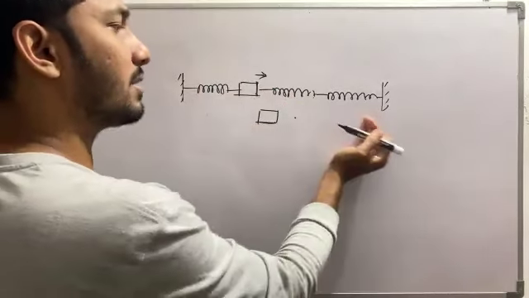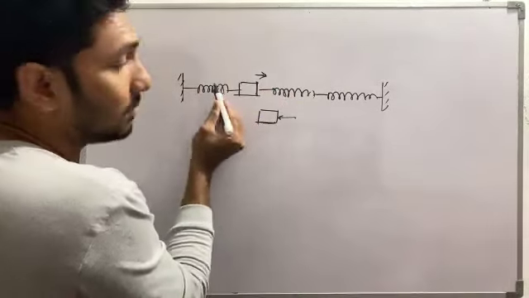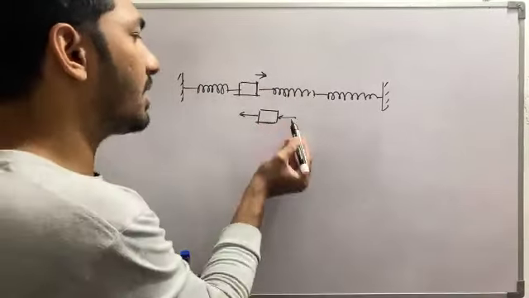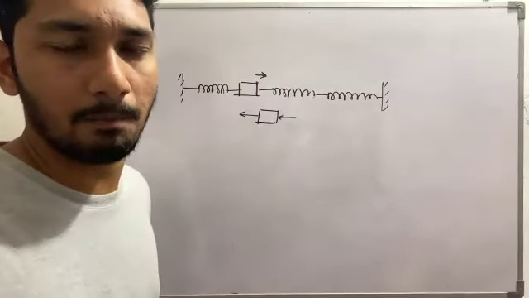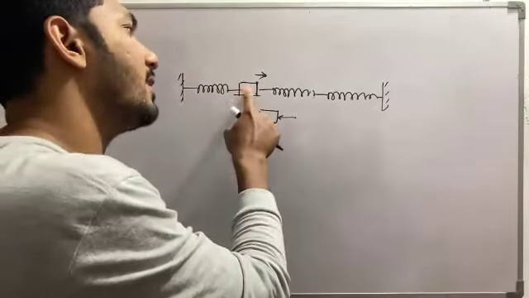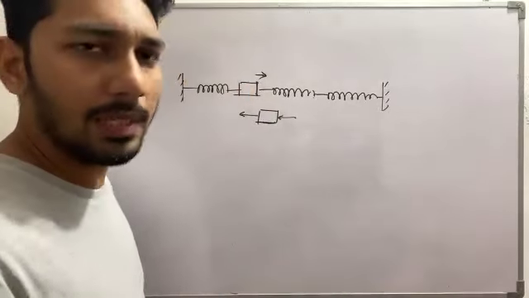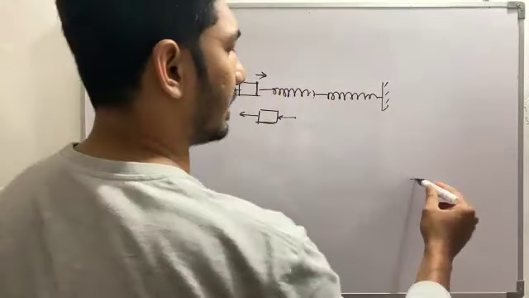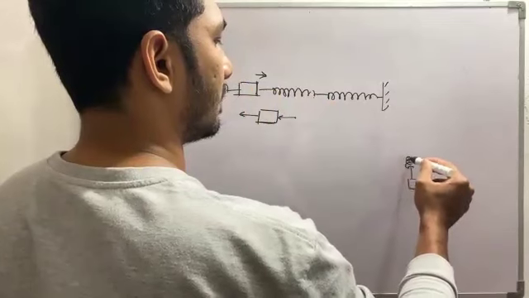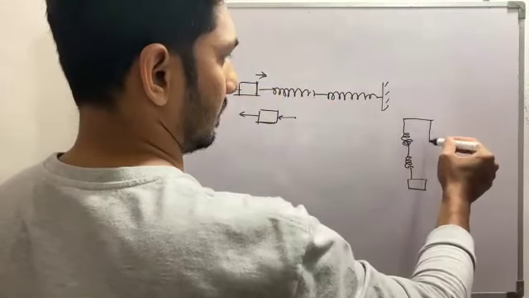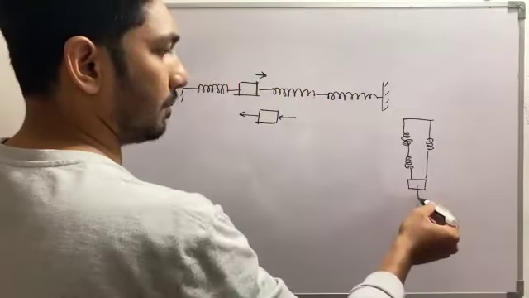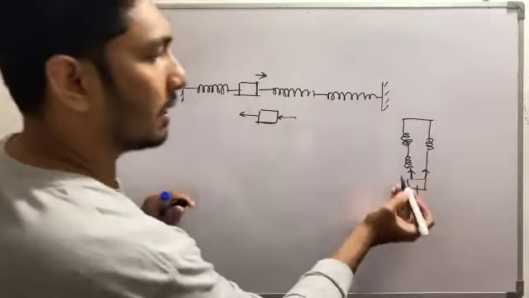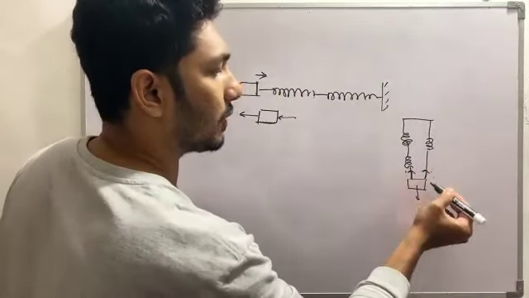The compressed one will push it like this, and the stretched one will also pull it. So they are giving the force in the same direction. The force acting on this oscillating mass will be the addition of these two forces. It's like this: if you pull it, both will push it upwards. So the total force will be the addition of these two forces.